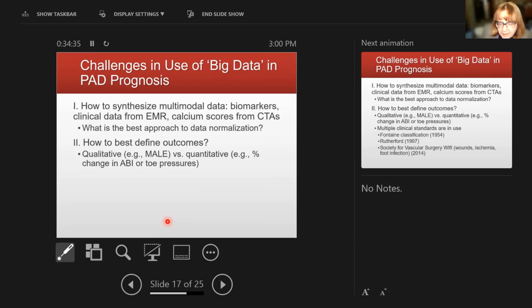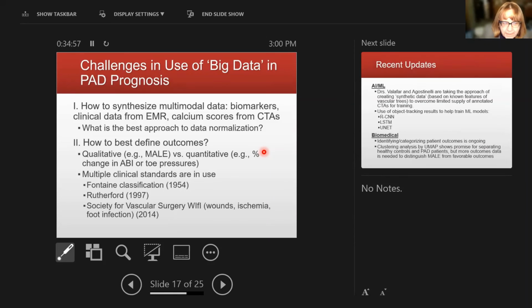And secondly, how do we best define the outcomes? As I've already mentioned, we can use a qualitative measurement such as the major adverse limb events, or we could use quantitative approaches such as looking at a percentage change in the ankle brachial index between clinical visits.